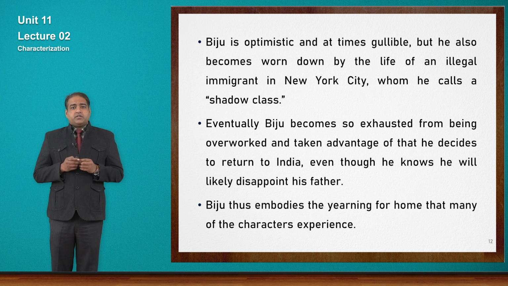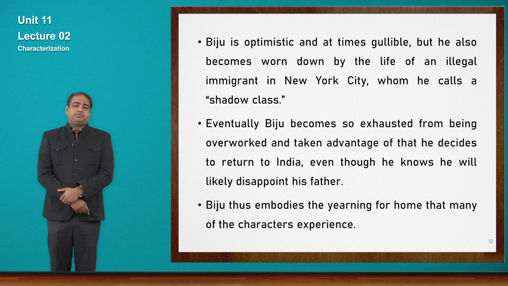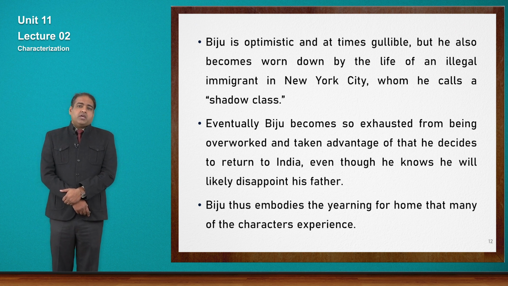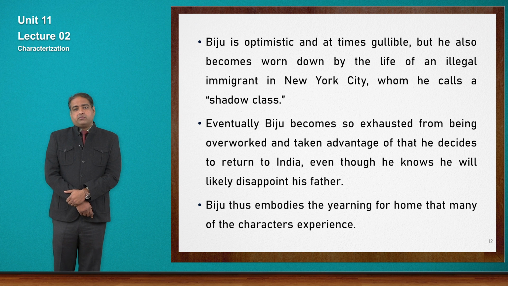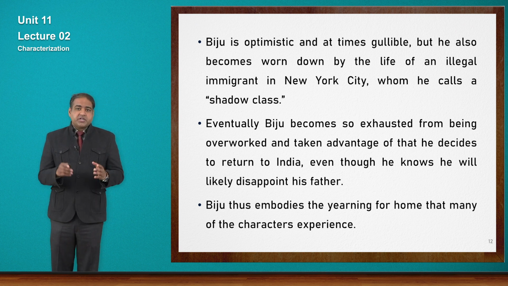We can understand that similar feelings might have emerged in the mind of the Judge also, when he was treated as an outsider in Cambridge. The Judge also might have felt that he is a shadow class, an outsider in Cambridge. Biju is having similar feelings when he is neglected in America and he thinks of himself as a shadow class, as an outsider in New York City.